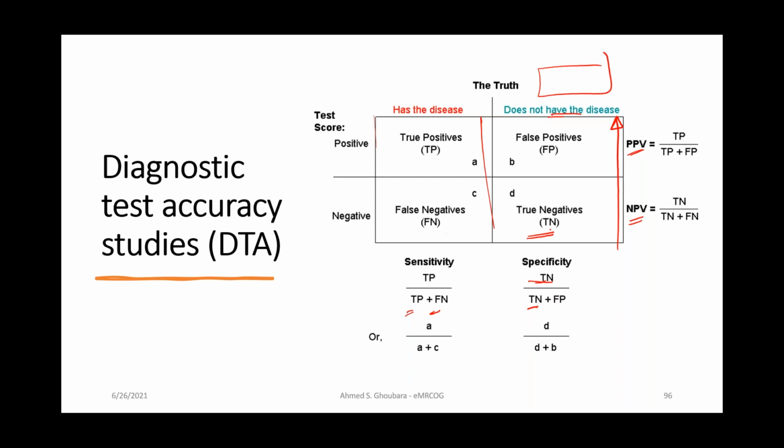So positive predictive value is true positive divided by true positive plus false positive. The negative predictive value the other way around: true negative divided by true negative plus false negative. Do you get what I mean?